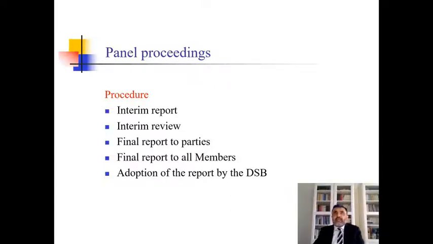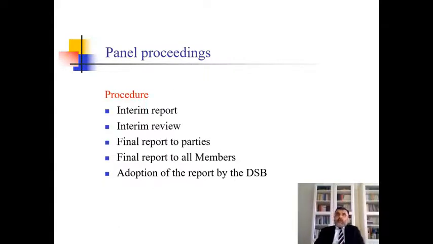And once translation is completed, the panel report gets circulated to all WTO members as an official document of the WTO. As of the moment of circulation, the report is also available to the whole world through the WTO website as an official document. So whoever wishes to read that panel report can simply download it from the website of the WTO and read it.